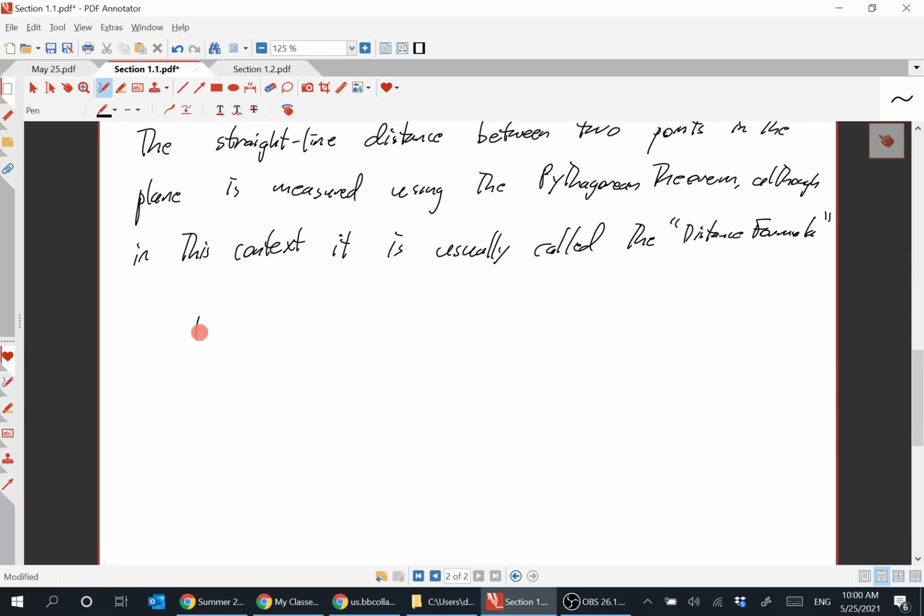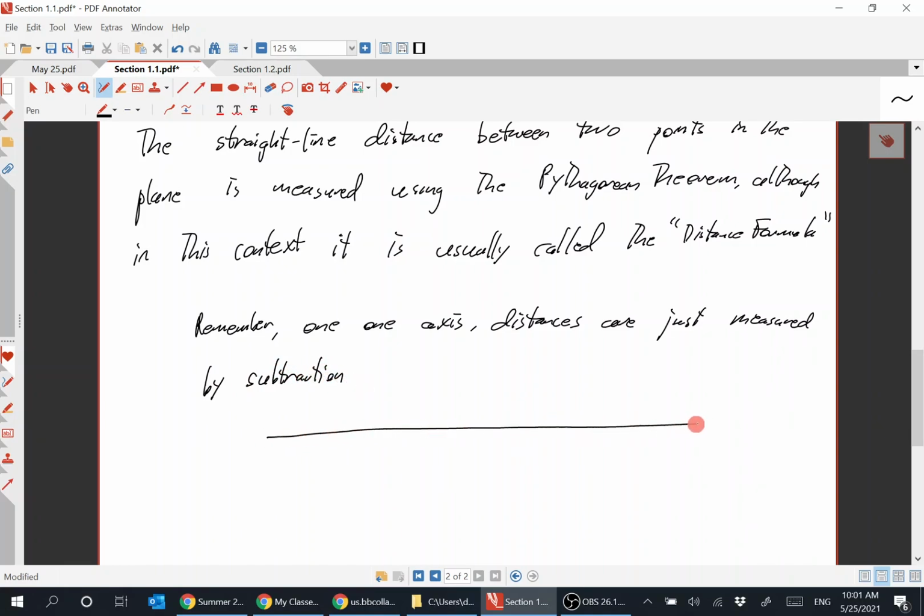So remember, on a straight line, on one axis, distances are just measured by subtraction and absolute value. Like here's point A, here's point B, and this is the distance between them.